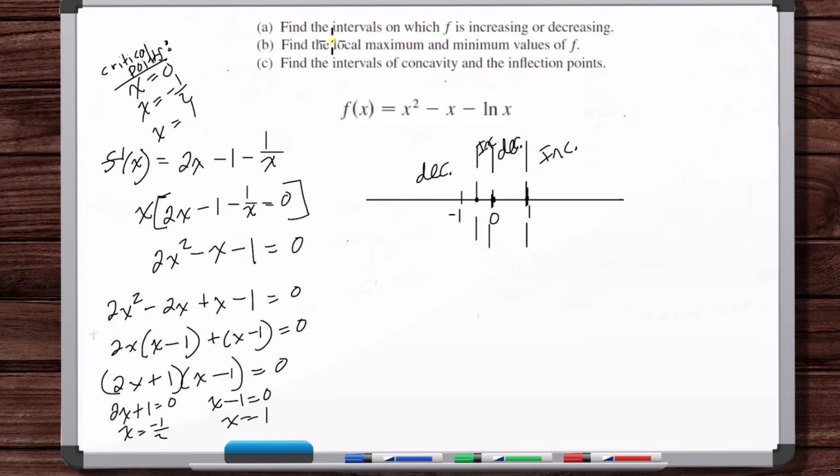All right. Now, local maxes and mins. This is a little trickier this time, at least when it comes to the critical point where the first derivative doesn't exist. And just to note, it didn't give us any interval to consider on this function, but we can look and see what's the domain of the function. The domain is x is greater than 0.